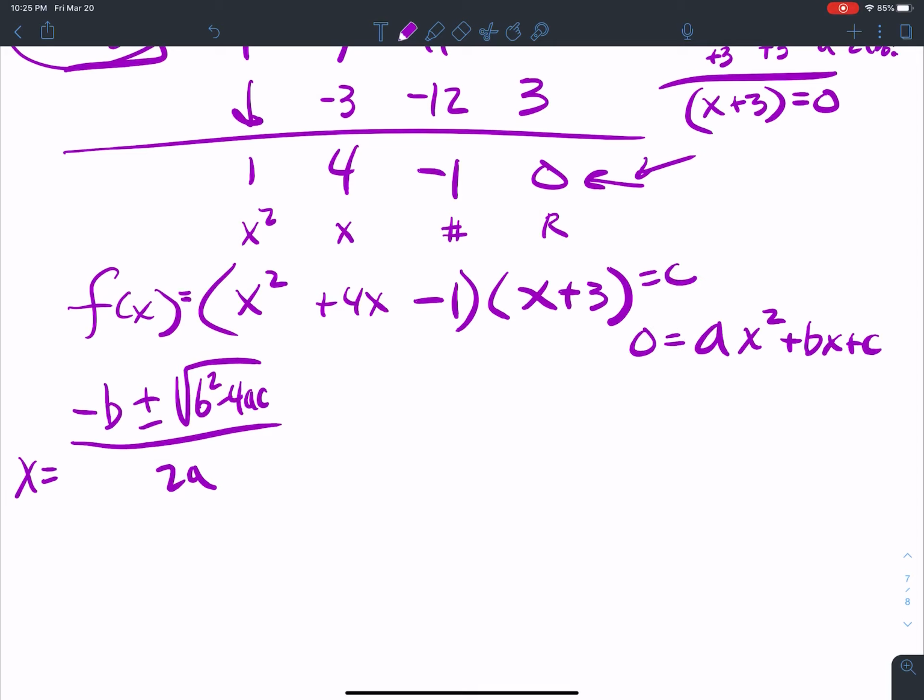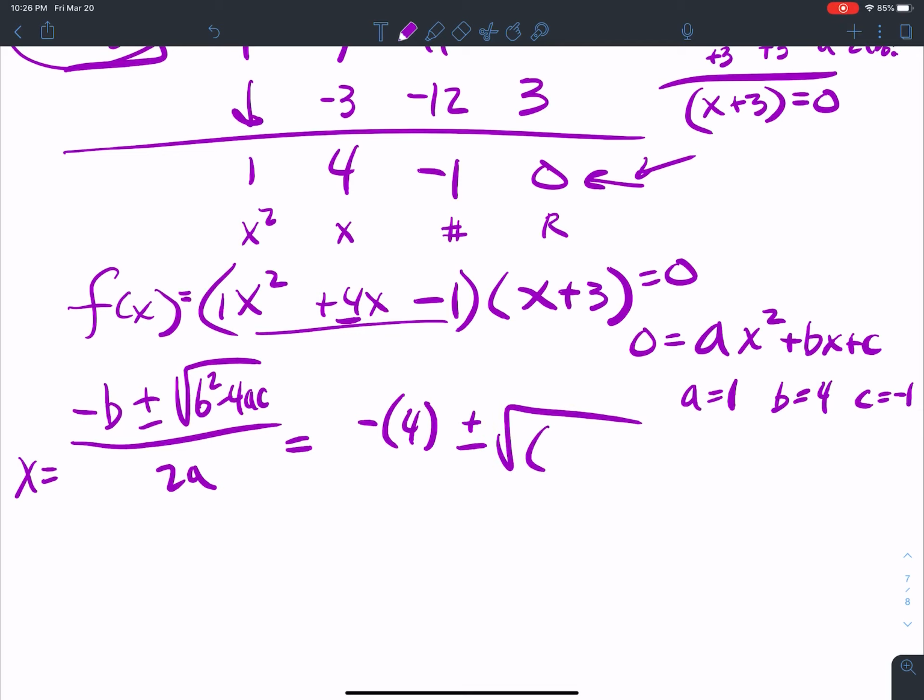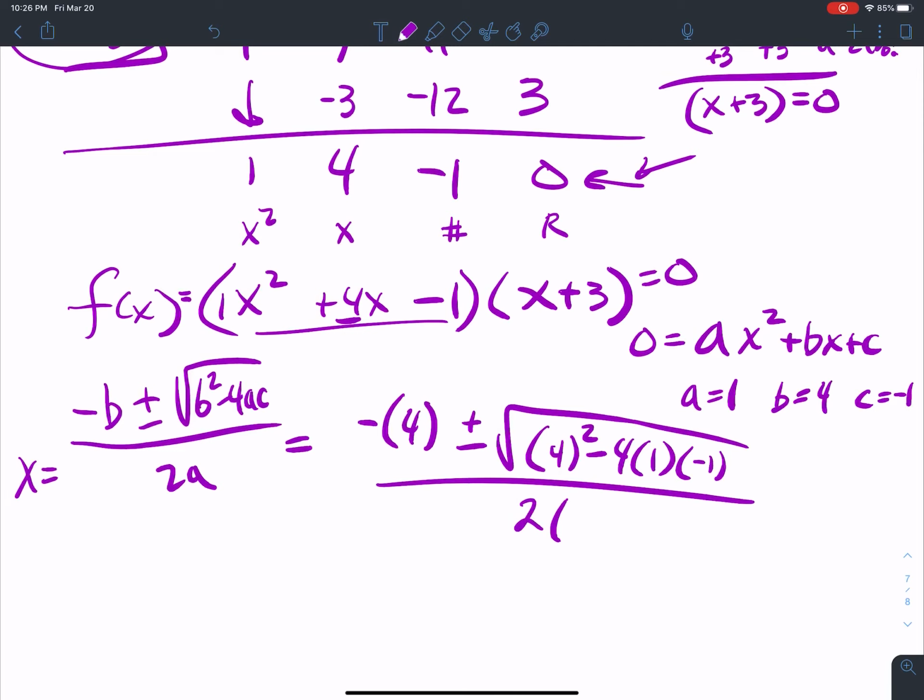So if I'm setting that equal to 0, my a is equal to 1, my b is equal to 4, and my c is negative 1. So I'm going to plug it in. Negative b, so negative parentheses 4, plus or minus square root 4 squared minus 4 times a times c over 2 times a. So what does that get me?